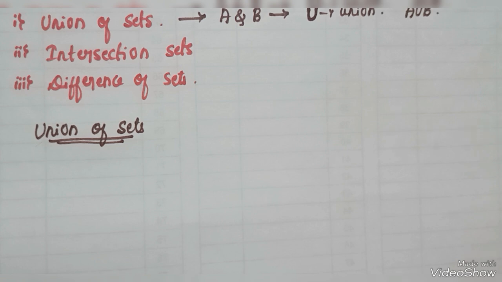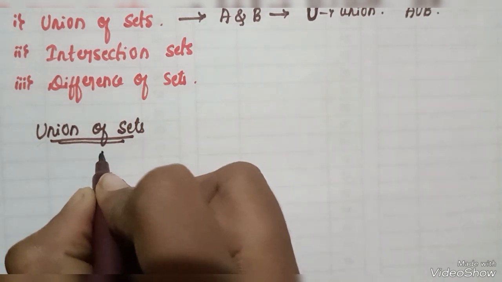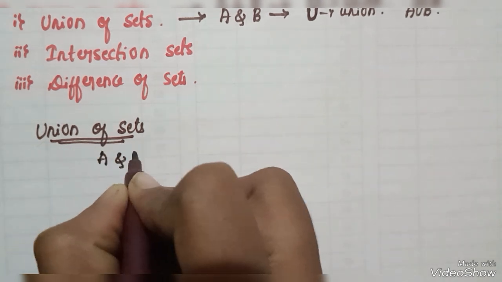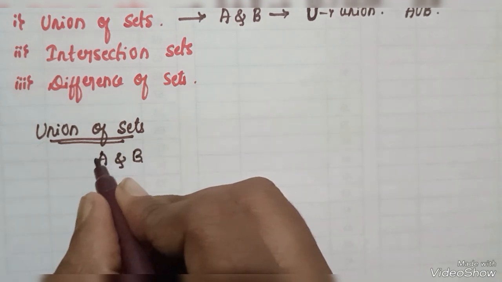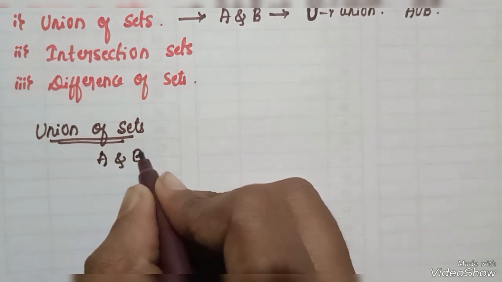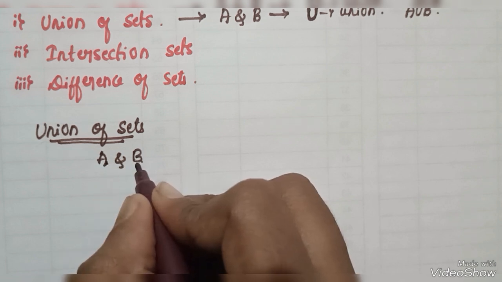Union of sets means, taking A and B as two sets, the set of all the elements of A and all the elements of B, writing common elements only once.